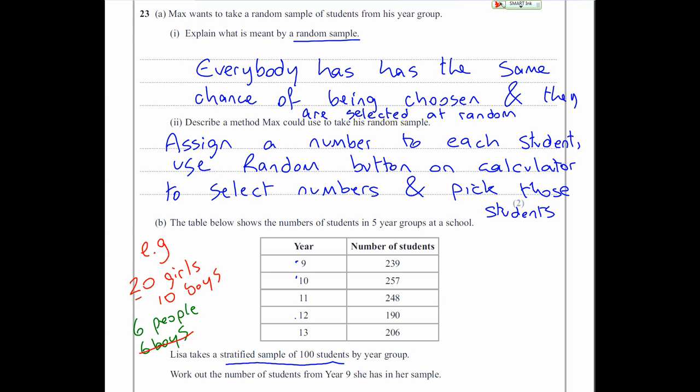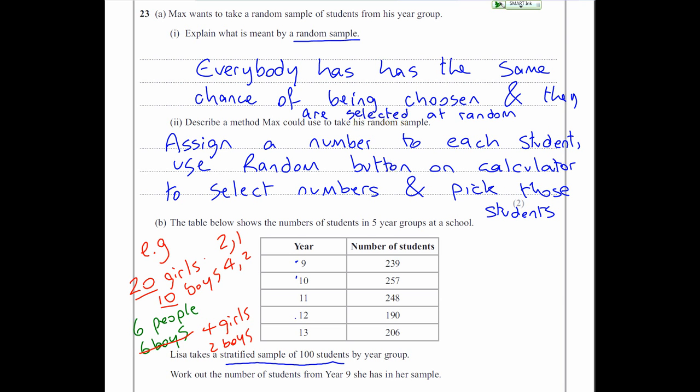Originally you had 20 girls, 10 boys. So you want the same ratio. So you want 2 girls to every 1 boy. So if you want 3 people, you would have 2 girls, 1 boy. If you want 6 people, you would have 4 girls and 2 boys.